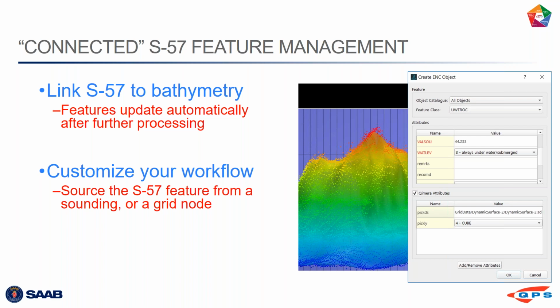You might even argue that the gridded estimate of the least depth is a much better estimate anyway. So that's why we're supporting this other workflow where we're creating a feature right from a grid node. In this workflow, you have these attributes that are linking the feature to a dynamic surface and to a particular layer of the dynamic surface.